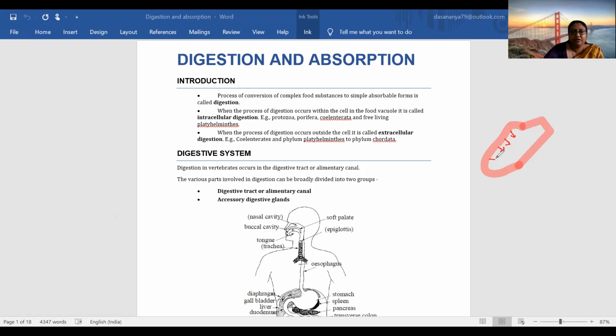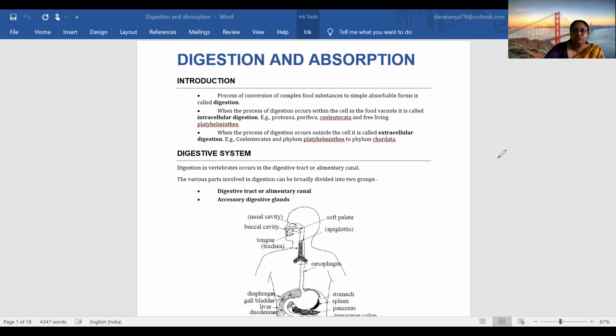And whatever substance is present inside the cavity of the stomach will be digested accordingly. So digestion is occurring inside the cavity created by the wall of the stomach. That's why it is not inside the cell, it is inside the cavity. So that's why it is known as extracellular digestion.